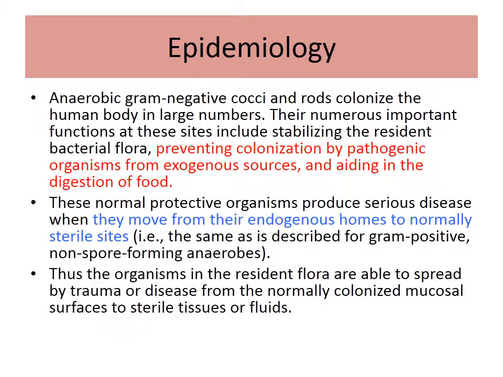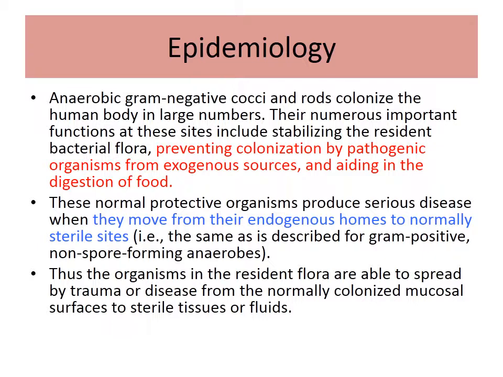So they will go for opportunistic infections. Now, you can see from here, the organism is a resident flora, but able to spread by trauma or disease. So the basic concept is pretty much the same, that any normal flora bacteria can become abnormal, though it may not have very strong virulence factors, because of an increase in number and its ability to invade a normally sterile tissue or blood.